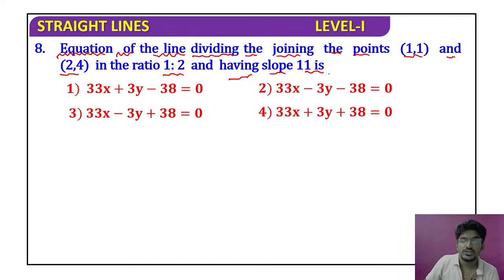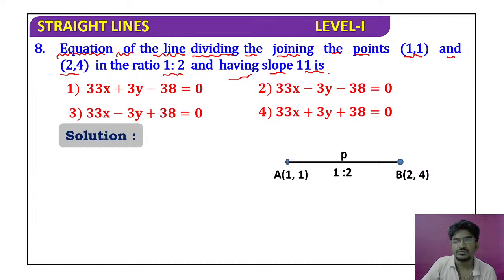Okay, so that means, see this diagram so that you can understand. There is a line joining the points 1, 1 and 2, 4, and there is a line which divides it at this point in the ratio 1:2. Now we have to find the equation of this line which is dividing this particular line in the ratio 1:2.